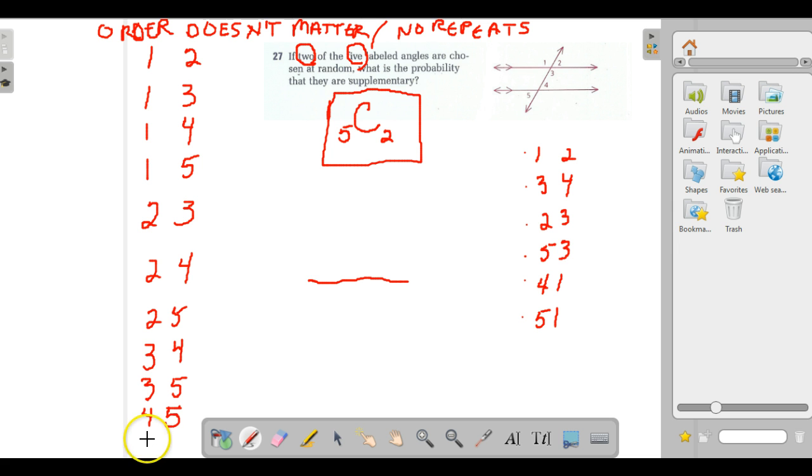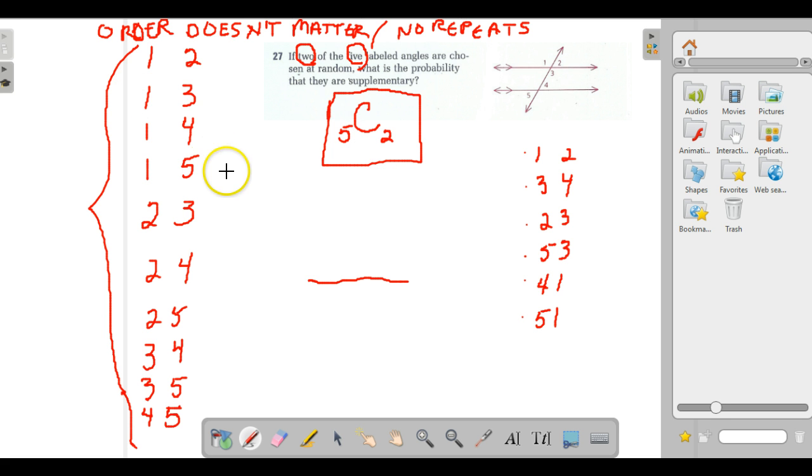And then if we started with 5, well, I think we've already exhausted all of our 5s. We have 5 and 1, 5 and 2, 5 and 3, 5 and 4, and we can't have 5 and 5. So the 5s are done. So these are all the possibilities of choosing 2 out of the 5 angles.